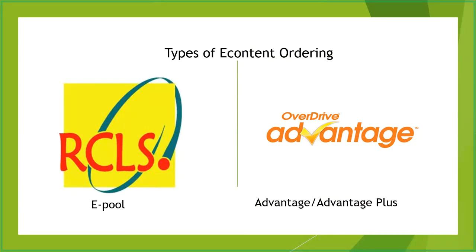If you're logging in with just ramapocatskill.lib and your name or the name of your library, you're logging in as the consortia. So that's a big difference. Sometimes people don't know what their password does. Overdrive Advantage is basically what I'll be trying to talk about with you today. But I'll explain the difference some more.